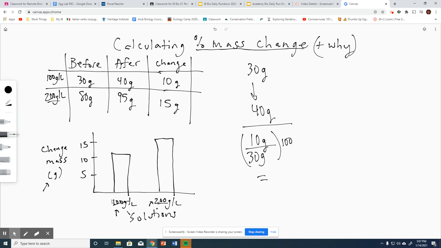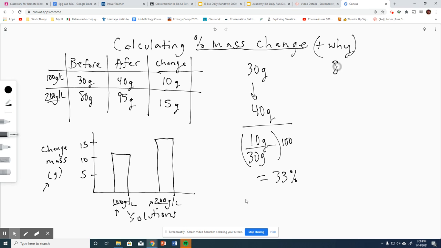What does this equal? Let me calculate this real quick. This is going to equal 33%. Sorry, I was having a brain fart. And so that's quite a big change.